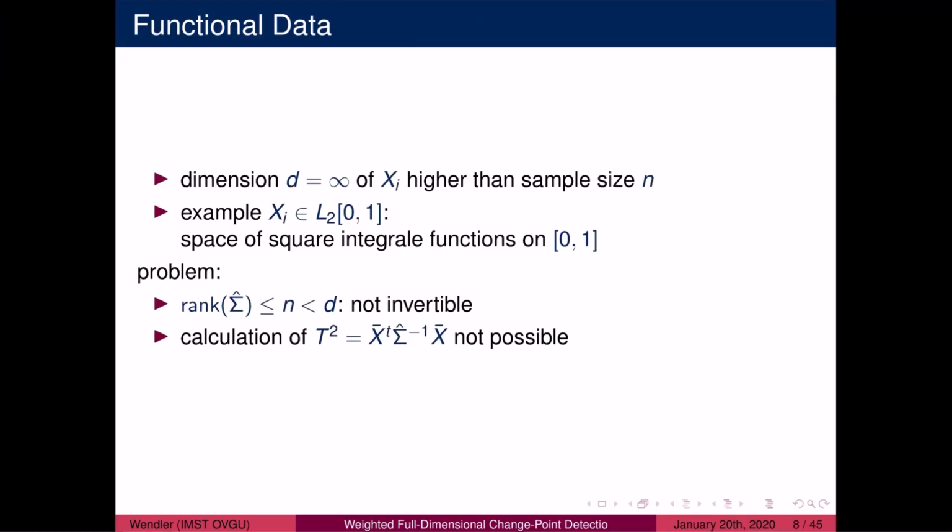The maximum rank you can get for this estimated covariance is n, and n is smaller than infinity. So you don't get an operator of full rank, and you cannot calculate this T-square statistic. That's the key problem why functional data is different from multivariate data.